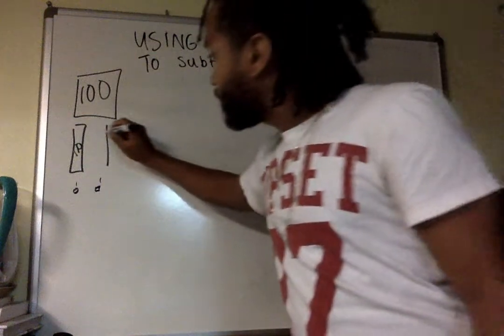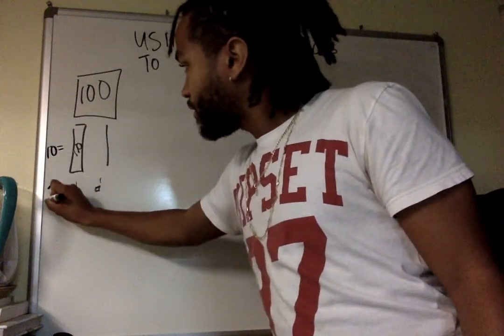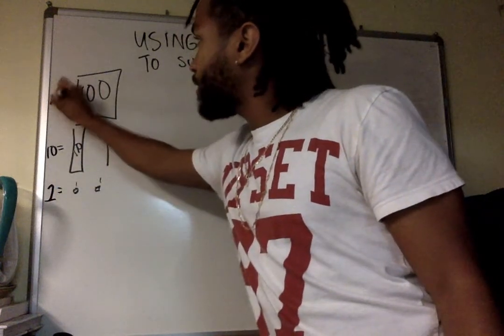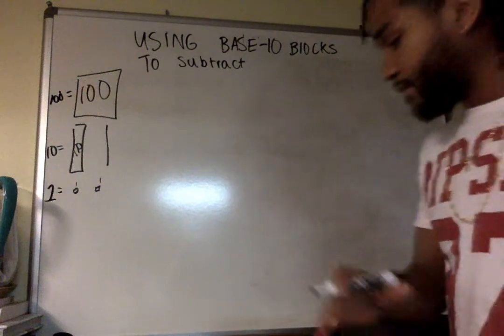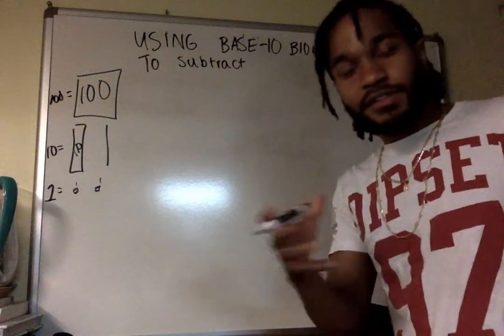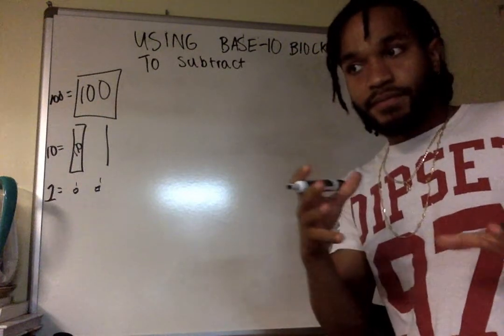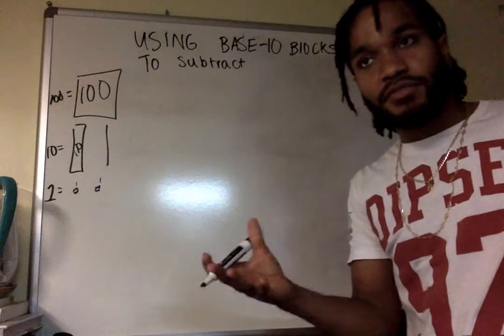So these are 10s, these are 1s, and 100s are larger, but they look like squares also. Good visual for the kids. Also lets them understand the why behind certain problems, different equations.